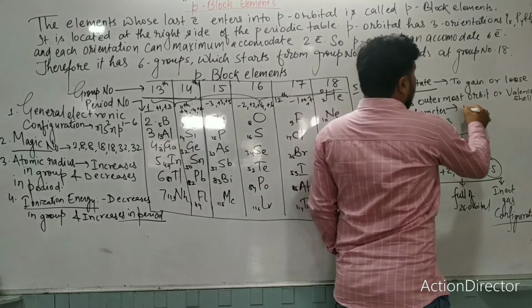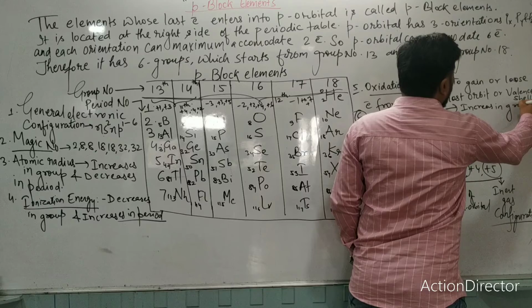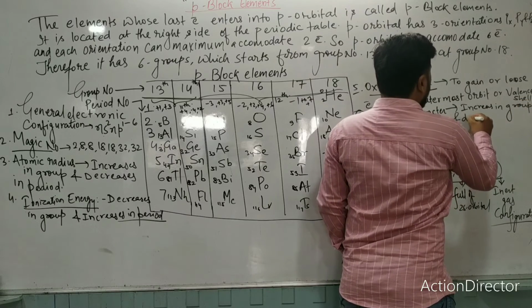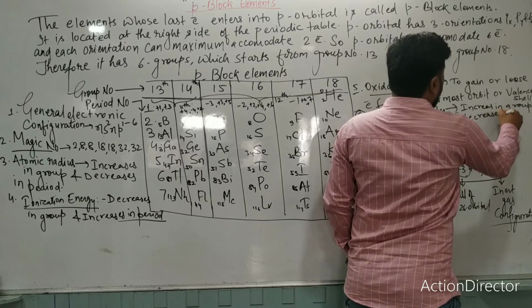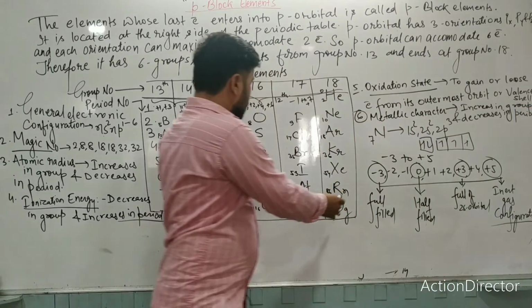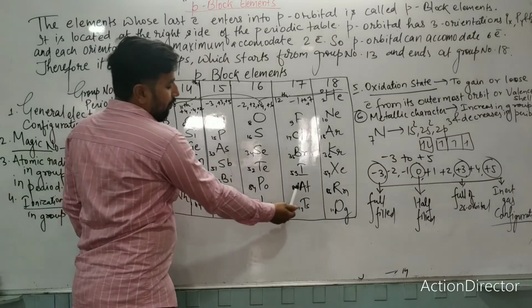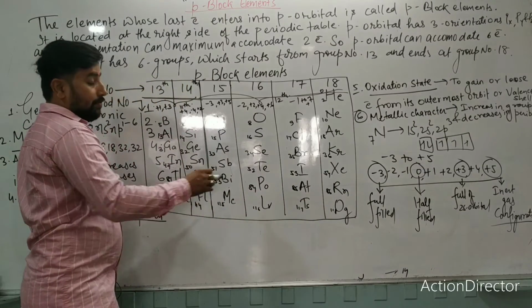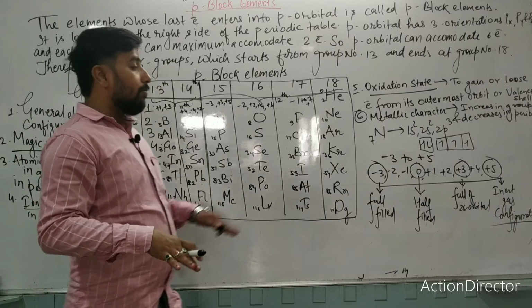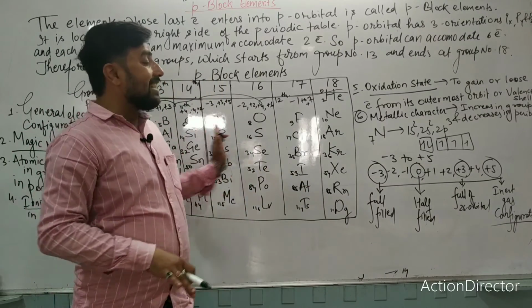Remember the words: increases in group and decreases in period. The last elements of the periods are metals: thallium, lead, bismuth, polonium. These are pure metals. So remember, metallic character increases down the group and decreases across the period.